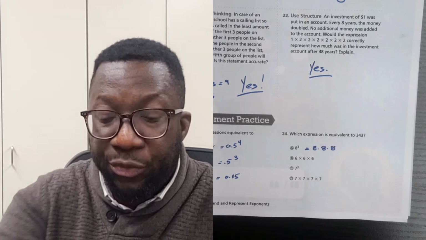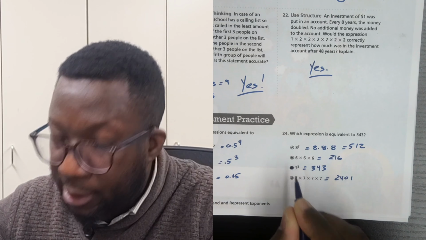And 49 times 7, yay! This is equal to 343. And then it wouldn't be this because it's to the fourth power, so that would be 343 times 7, and this would be 2,401. So the correct answer is C.